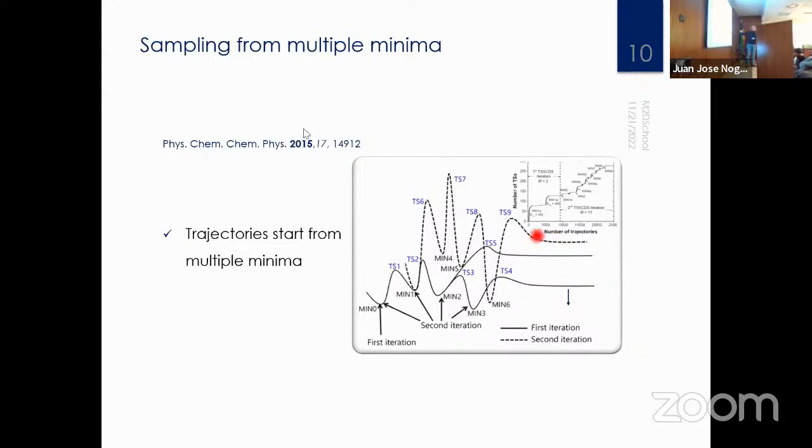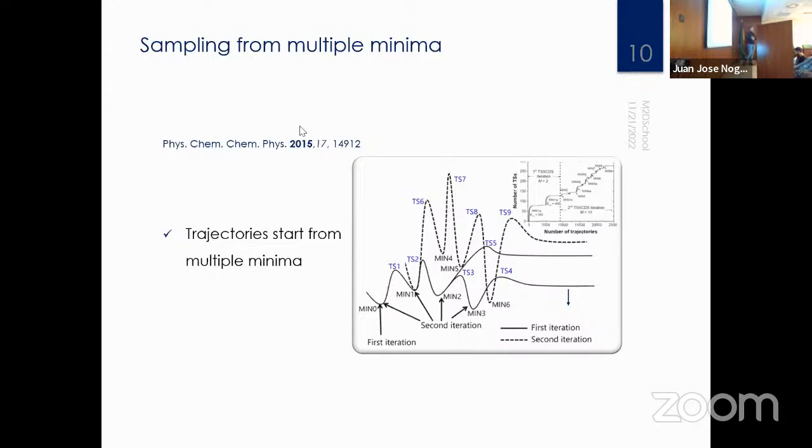And obviously, you want to find something like this. This is number of transition states versus number of trajectories. You want to get convergence at some point. You don't want to run these things, I don't know, maybe 1,000 times. I typically use something like 10, 20 iterations, and with that, I'm happy. If you find the reactions of your interest in these 10 or 20 iterations, you can stop there.